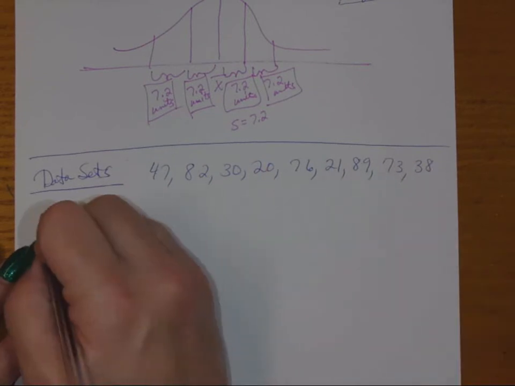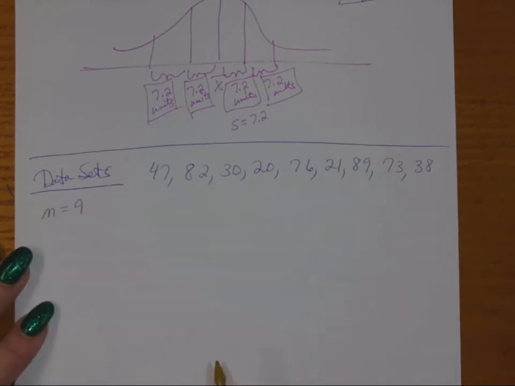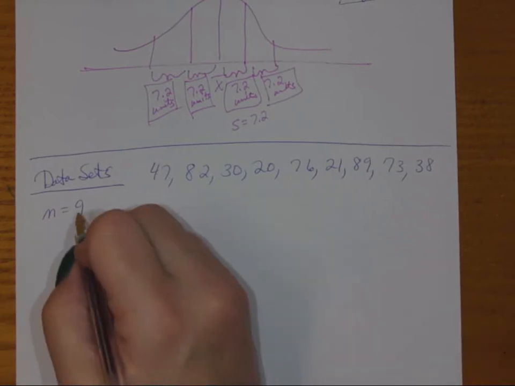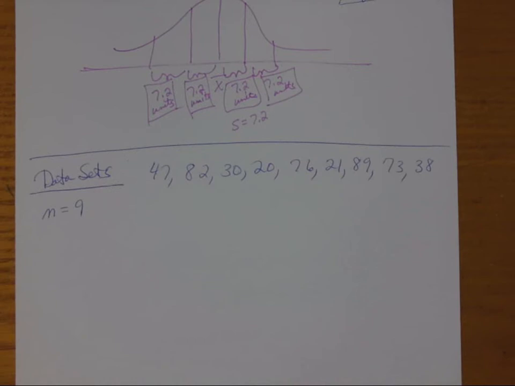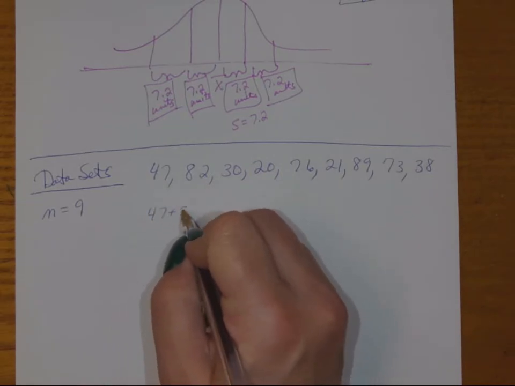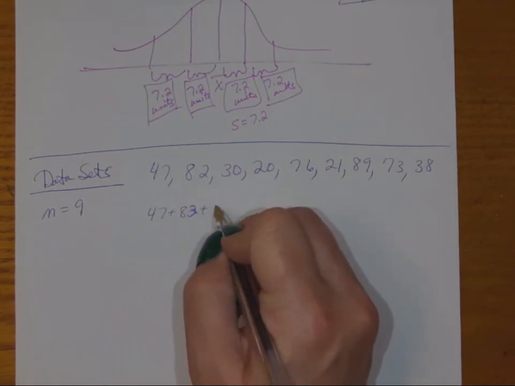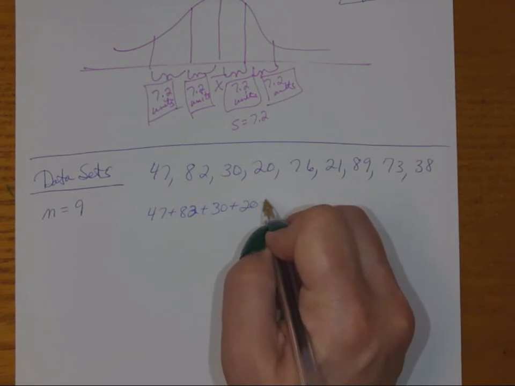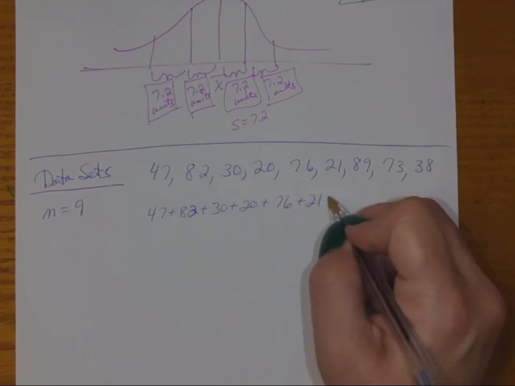By the way, that tells me my n equals 9. There's only 9 data points here, but it'll take you a little bit of time to do the computations. I'm going to do real quickly for you the average. If you add all these up and divide by 9, that'll give me the mean.